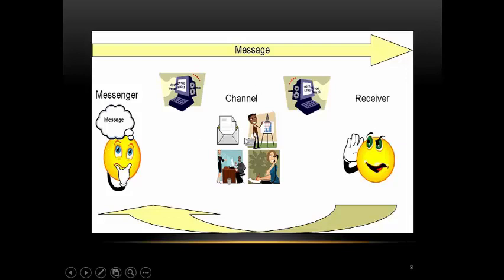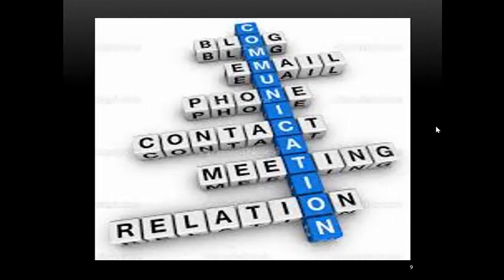Channel is the different forms of communication, whether it is a mail, a phone call, a picture, or a personal conversation through a network. Okay, we can have communication by means of having a blog, email, phone calls, contact persons, meetings, or relation.